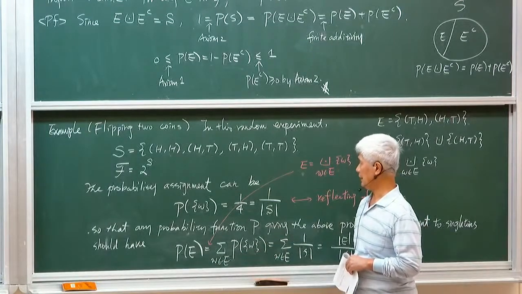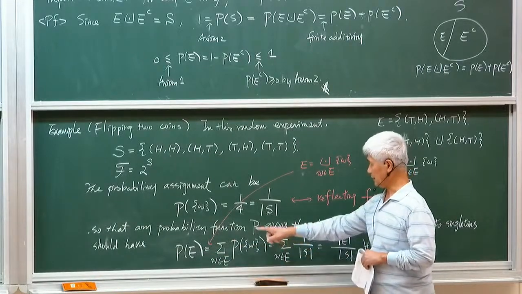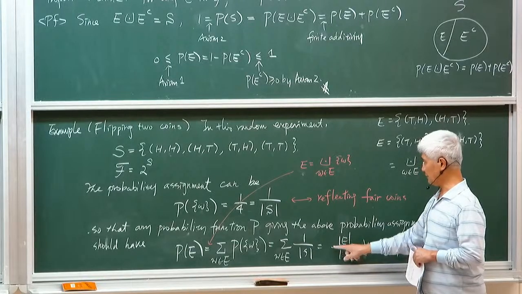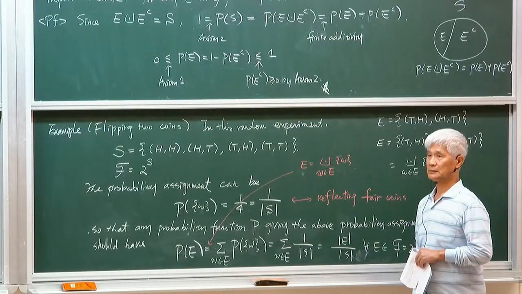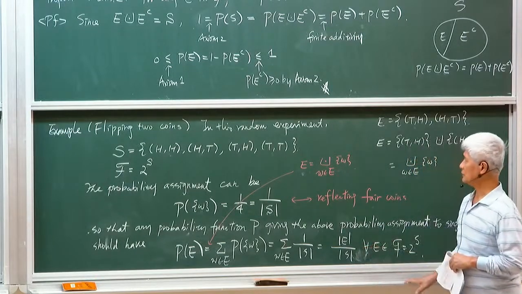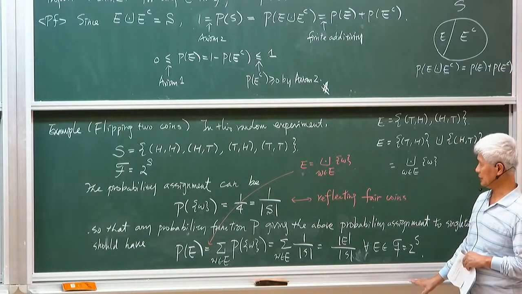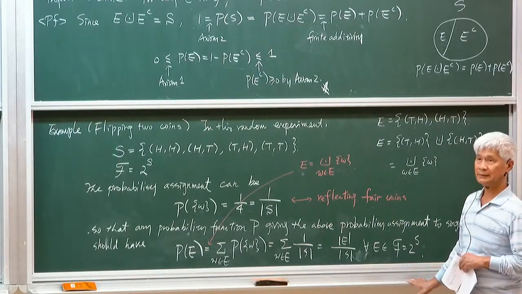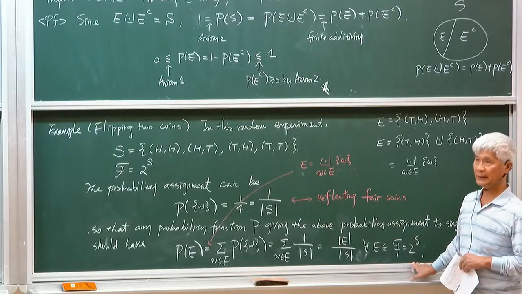So with this identity, we now know the probability of an event is the size of the event divided by the size of the sample space. We will go back to this kind of problem in section number 5. Any questions about this simple example?